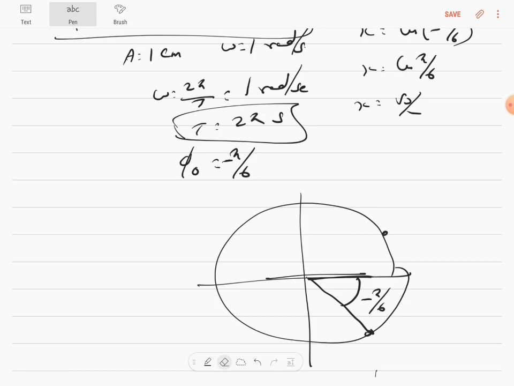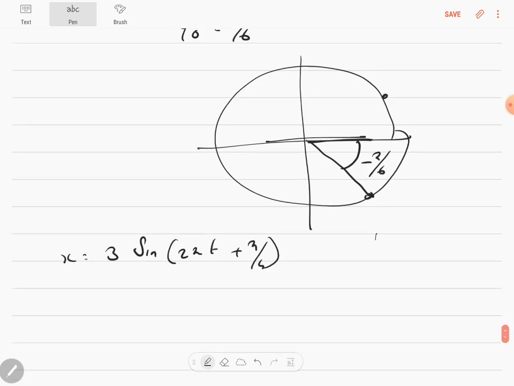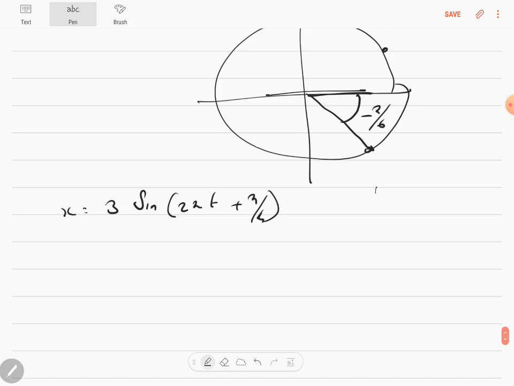Next question is x is equal to 3 sine of 2 pi t plus pi by 4. So this is like omega t plus pi by 4. Then x is equal to 3 sine omega t plus pi by 4. What we need is a cos omega t plus phi naught.